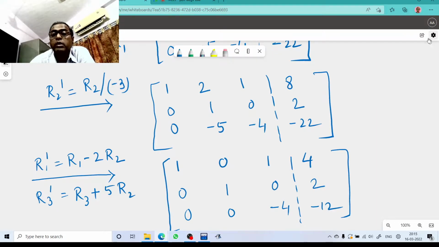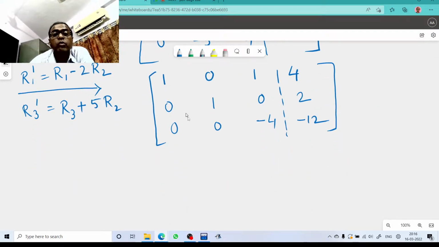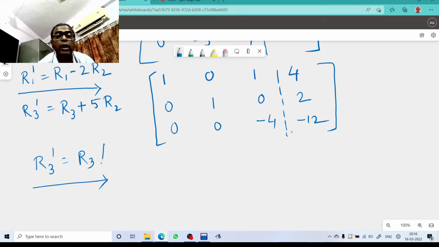Here the first column is 1, 0, 0, the second column is 0, 1, 0, and the last column is 1, 0, minus 4. So dividing the third row by minus 4, that is R3 dash equals R3 by minus 4, we get 1 in the 3, 3 position.